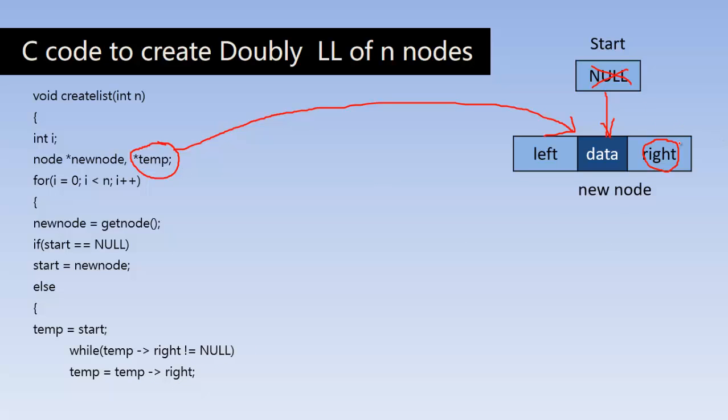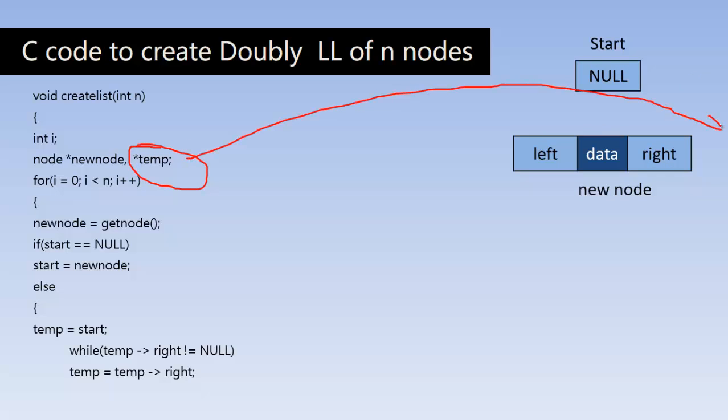That means the address of the next node is again going to be stored in temp. Now temp is pointing to some other node in the list. So it will go on pointing to all the nodes in the list, until it reaches one node which has null in its right link.